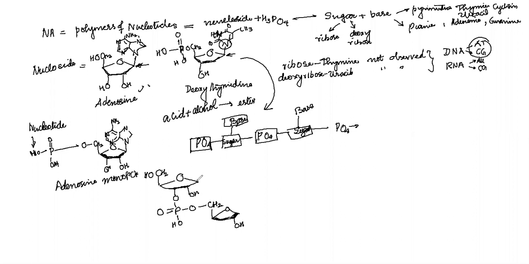And you have the base here. And here also, we have an attachment here to the next phosphate group. Now combine this with the next molecule of sugar through the CH2OH bond.